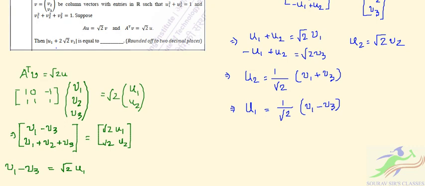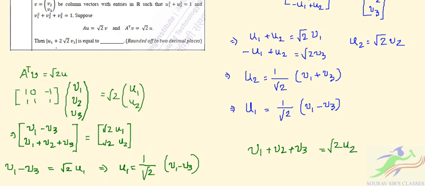Okay, so we know U1 is 1 by root 2 (V1 minus V3), so you can see that A transpose, it is indeed U1 into 1 by root 2 (V1 minus V3). Now another equation will be V1 plus V2 plus V3 is equal to root 2 U2.